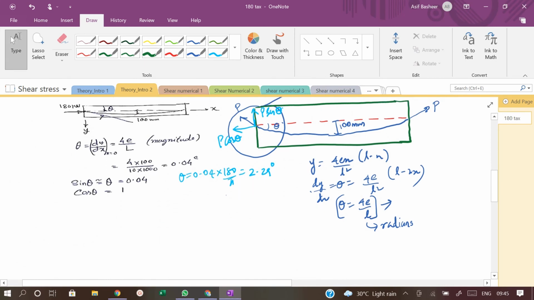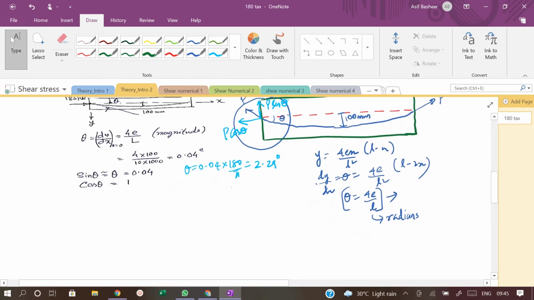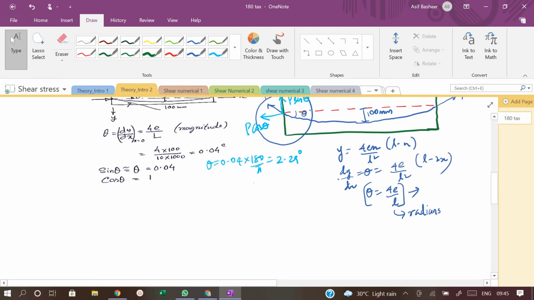This vertical component of the force will actually reduce what? Your shear force at that section, isn't it? Your shear force is a downward force acting due to the load. So the net upward force I can write as follows.